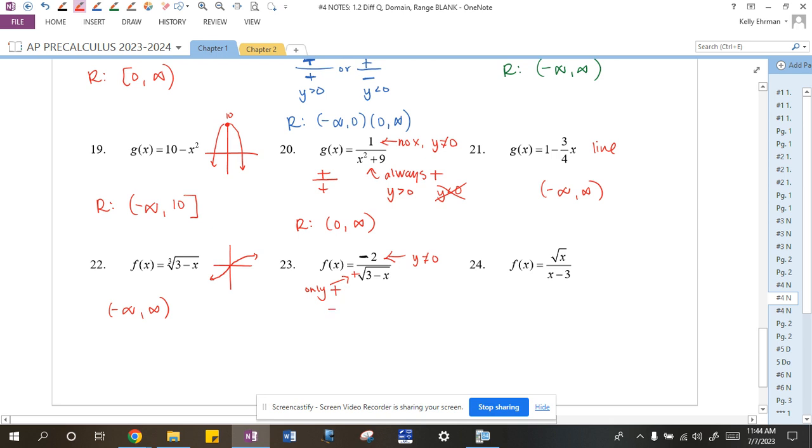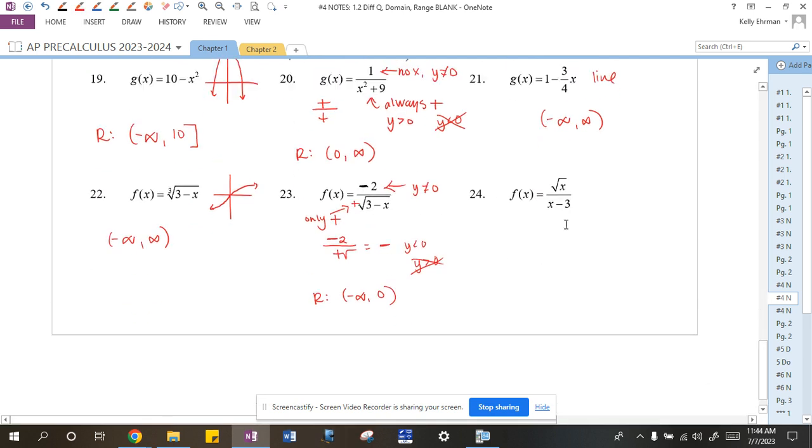So you have this always -2 divided by this always positive square root. That's always going to come out negative overall. So y is less than 0, but y cannot be greater than 0. So this range is -infinity to 0, not including.